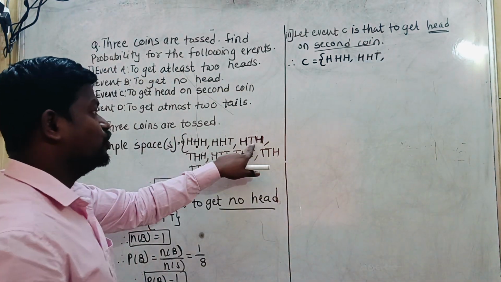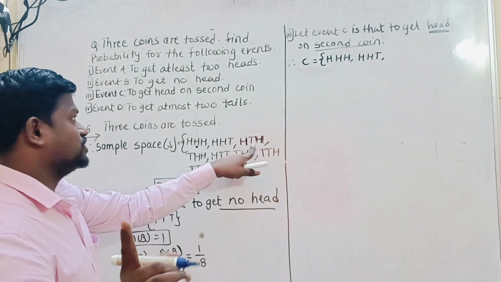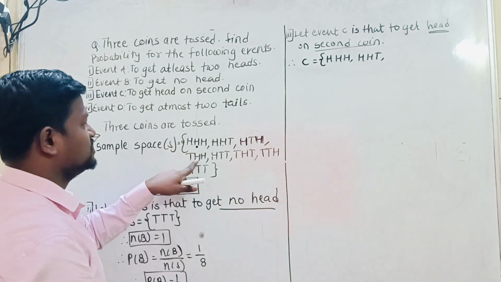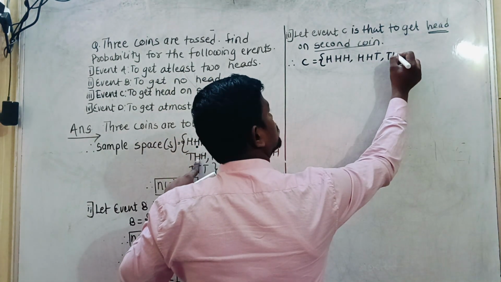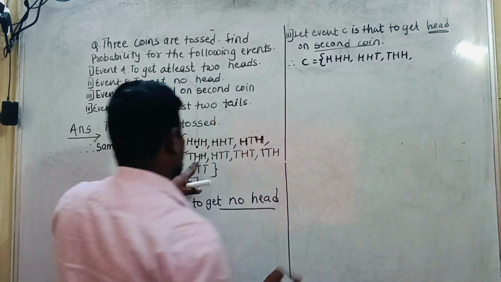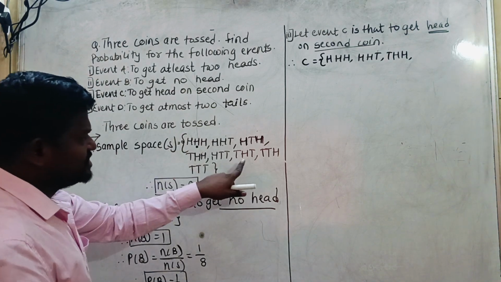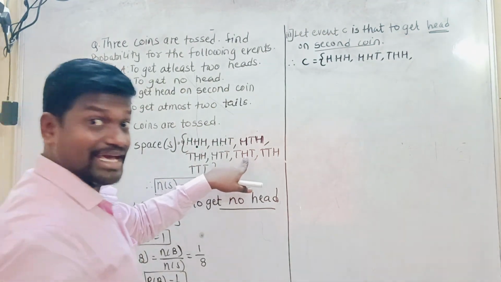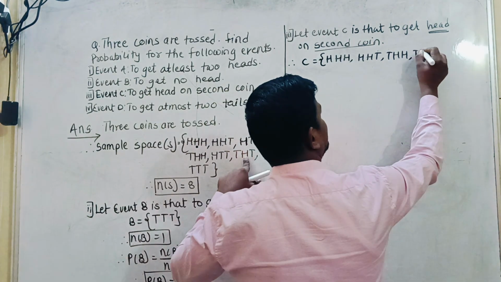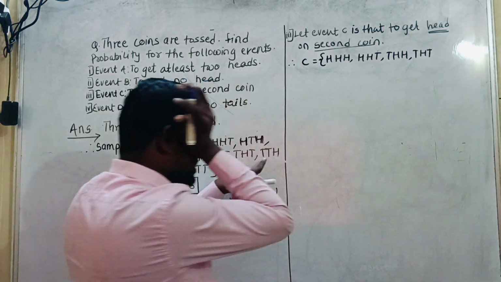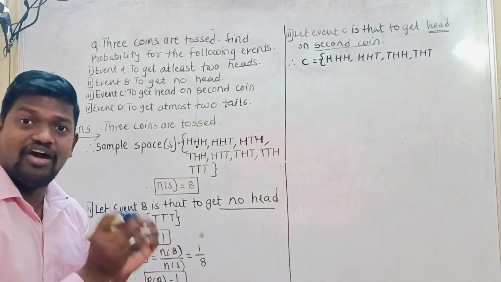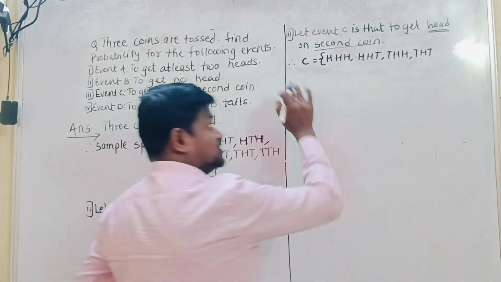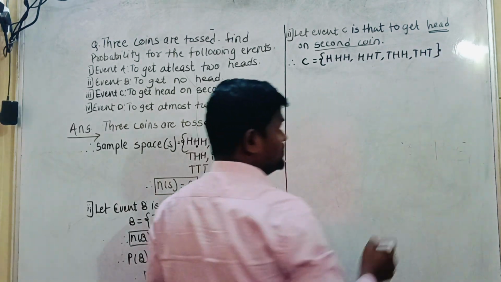In the next we don't get a head on the middle coin, so move on to the next. Here we also get H. In the next we don't find it. Here we get H. So T H T. Here and here we don't get a head on the middle coin. So this is our answer for event C.